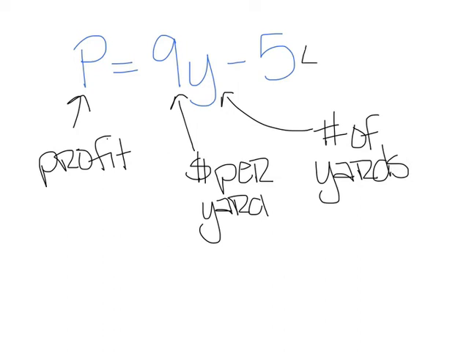And the 5 represents the rental amount that you're paying your dad. So by understanding what each of the different components or terms are, we're able to better understand the math that we're asked to work, as well as explain what's happening to the reader.